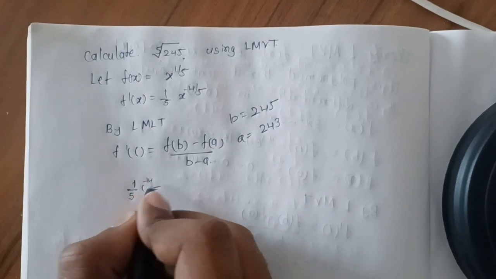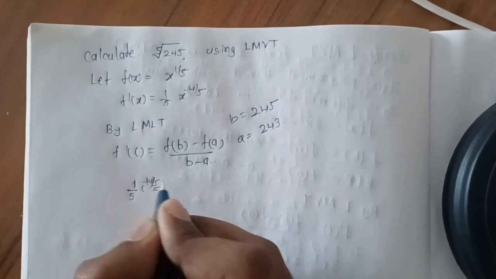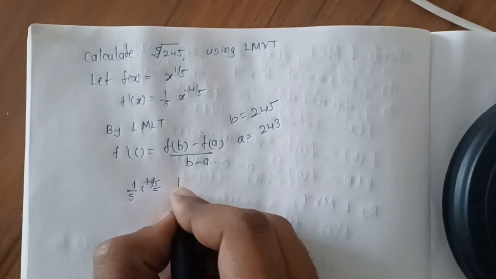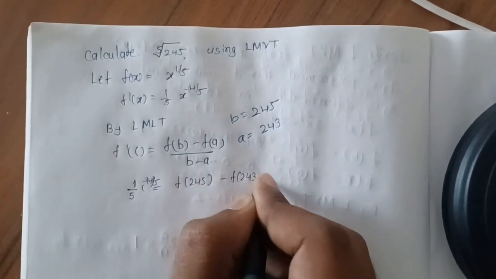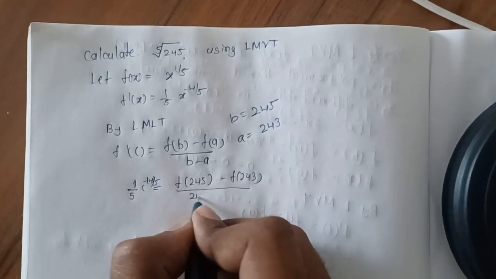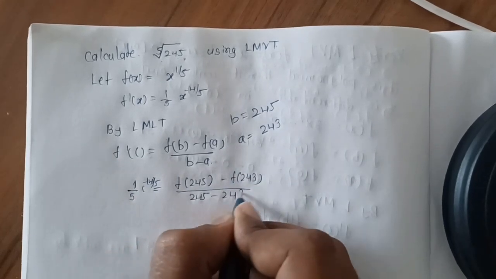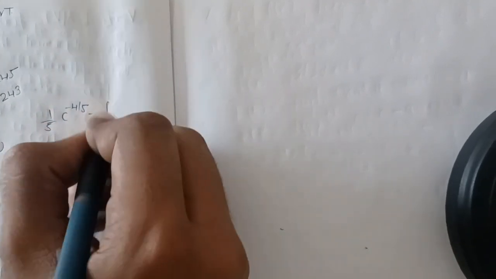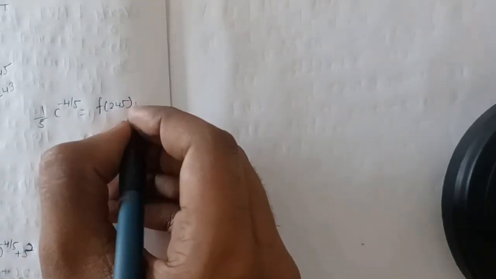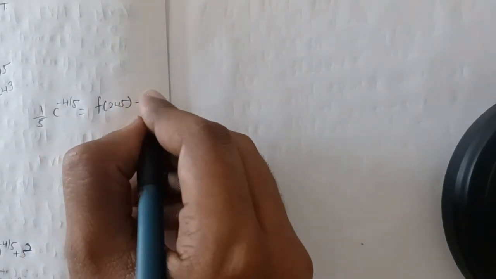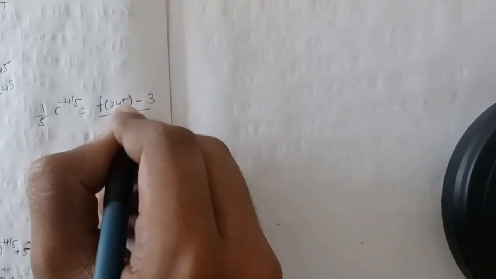f dash c, which is 1 by 5 c power minus 4 by 5, equals f of 245 minus f of 243 by b minus a, that is 245 minus 243. Here 3 power 5 becomes 243, and the difference becomes 2.